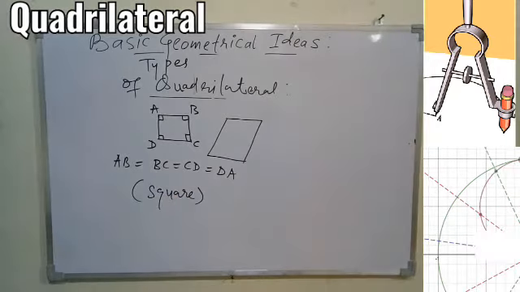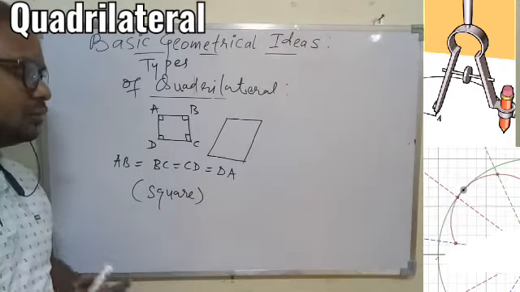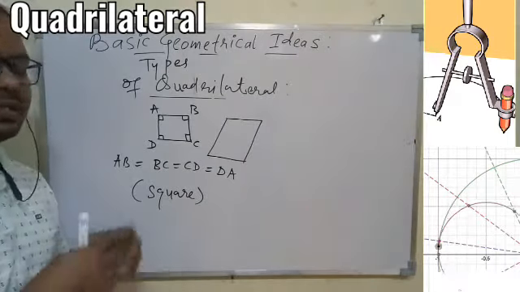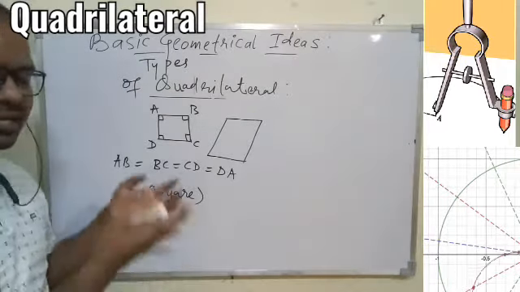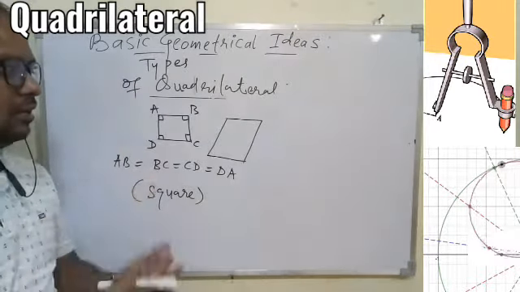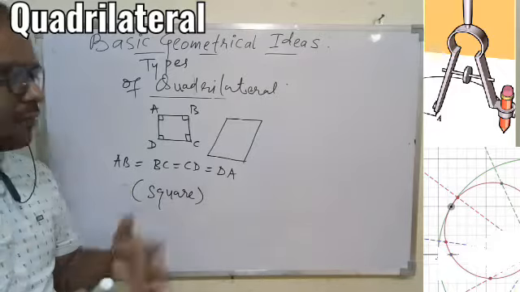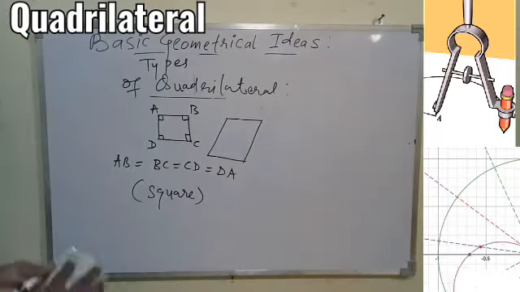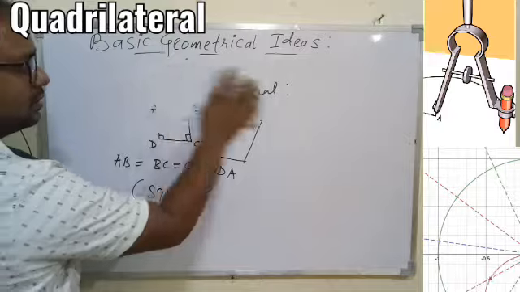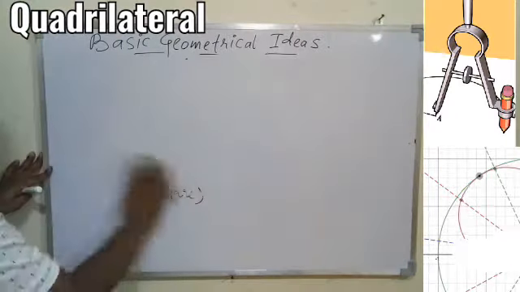So you should know that quadrilaterals have different types depending upon what angles we have, what sides we have, and how the sides are facing each other. Based on all these things we'll have different types of quadrilateral later on, not in the class today.